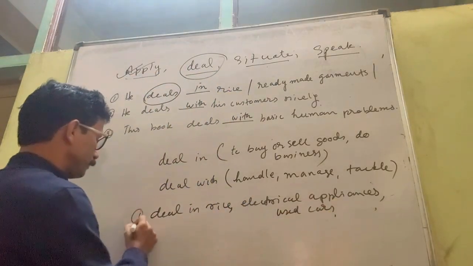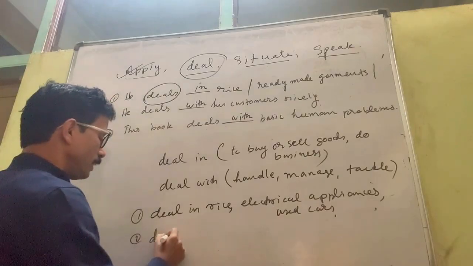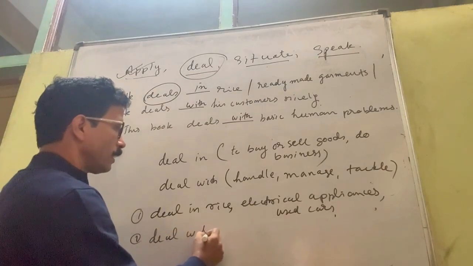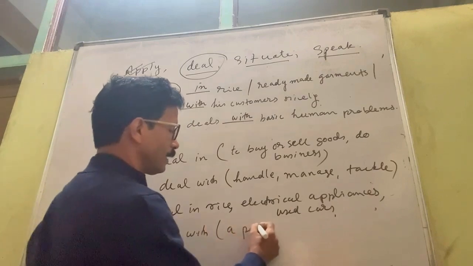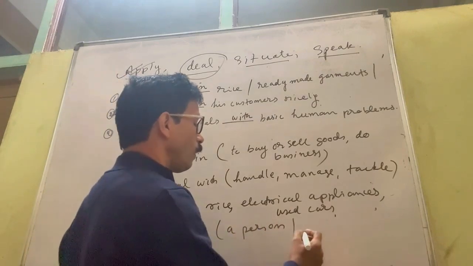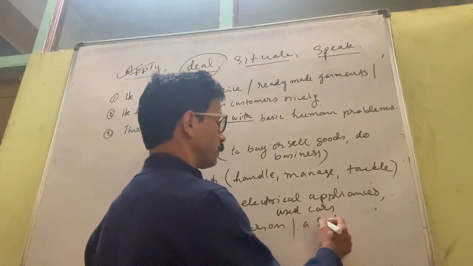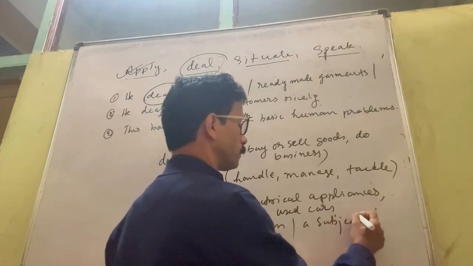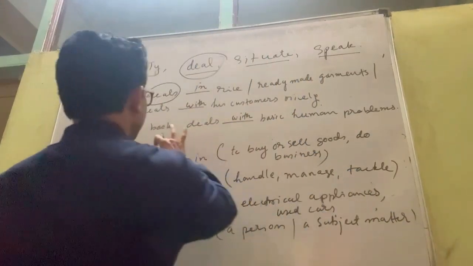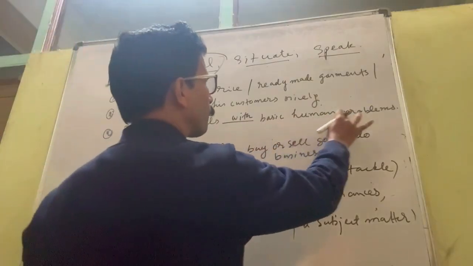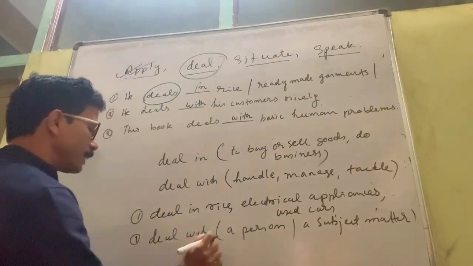Then deal with a person. Deals with a person or a subject matter. It's a subject matter. What? This book deals with basic human problems. Next, that is deal in.